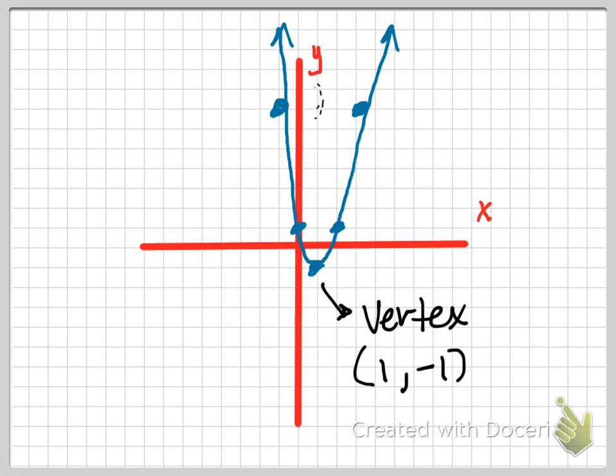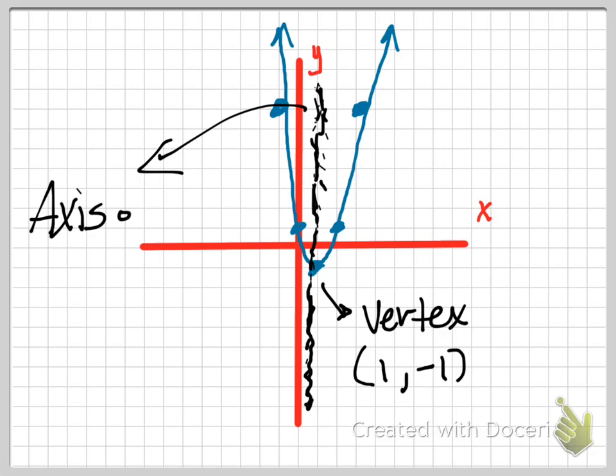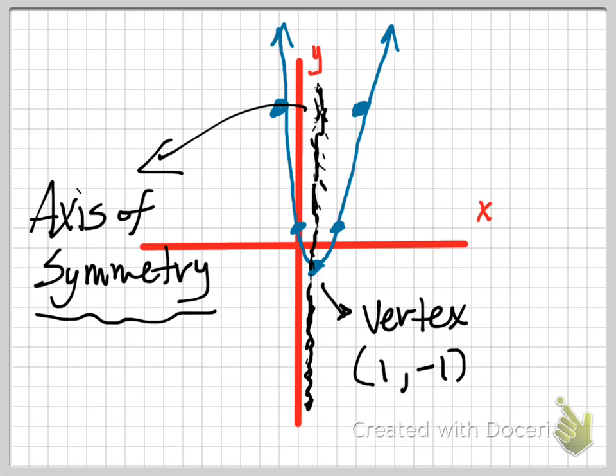The axis of symmetry is a vertical line, and a vertical line is labeled as x equals. I said that it's a vertical line that goes through the origin. I must correct myself. It's a vertical line that goes through the vertex. So the vertical line that goes through this vertex would be x equals 1.